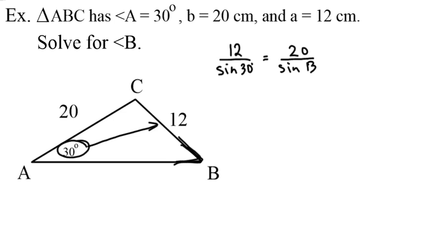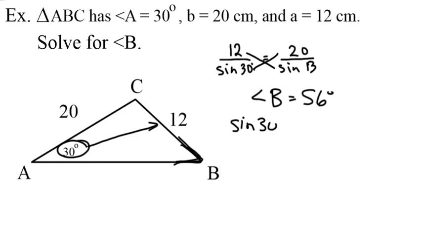If we do that calculation, always please double check that you're in degree mode. So we're just going to go sine of 30 times the 20 divided by 12. And then we need to inverse sine that to get the angle. We get angle B equal to 56 degrees.